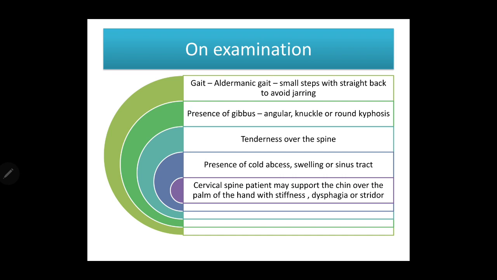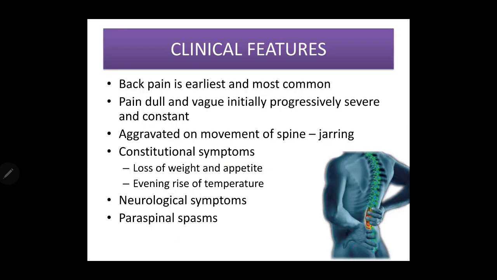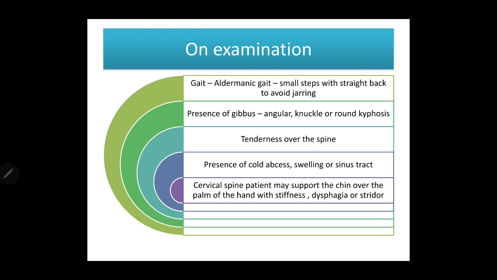And then we have the presence of cold abscess or swelling or the sinus tract, which is visible with discharging sinus, discharging pus. And then a classical patient with cervical spine tuberculosis may support the chin over the palm of the hand, with stiffness, dysphagia, or stridor. So why does a patient with cervical spine tuberculosis hold the chin over the palm? That is because of the entire load of the skull, which is on the slender cervical vertebrae.